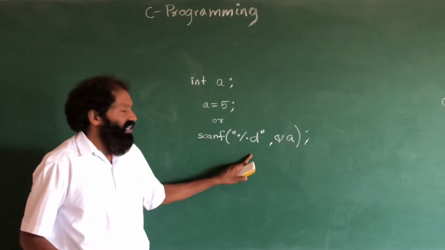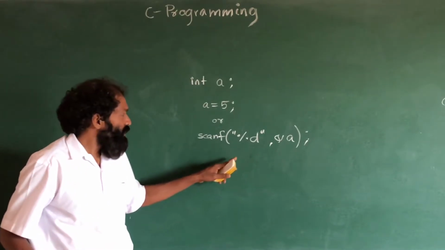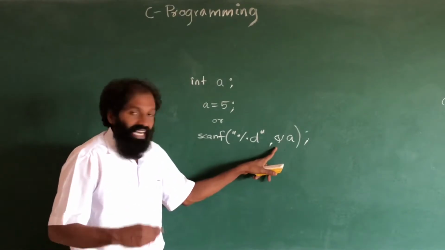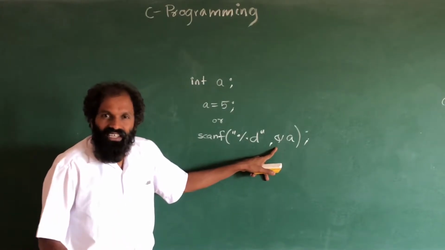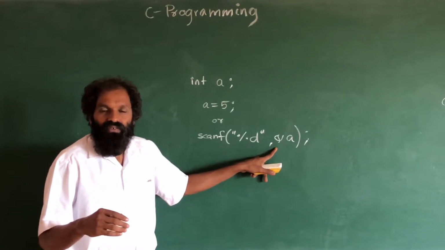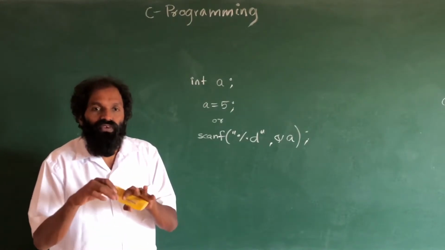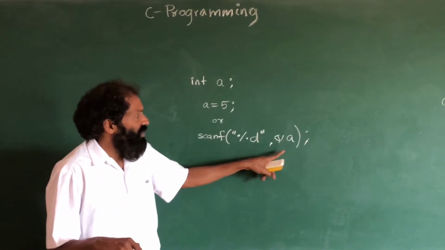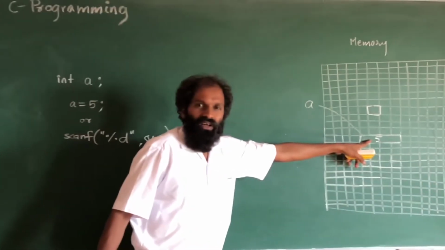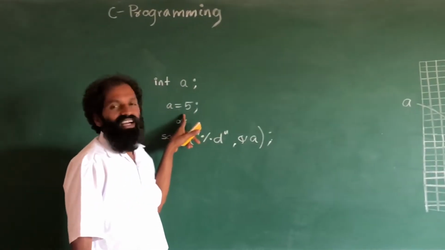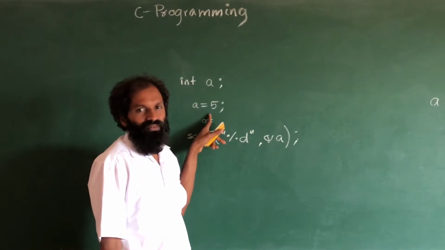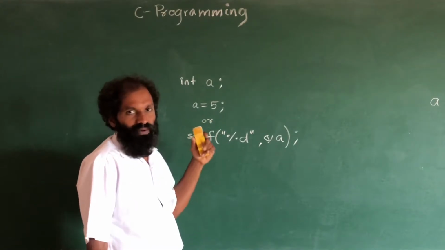With this also we can store a number. It is expecting a number from the keyboard. In the keyboard we have to type 5 so that 5 will be stored here, or in the program directly we can write 5. Any one method we can apply.